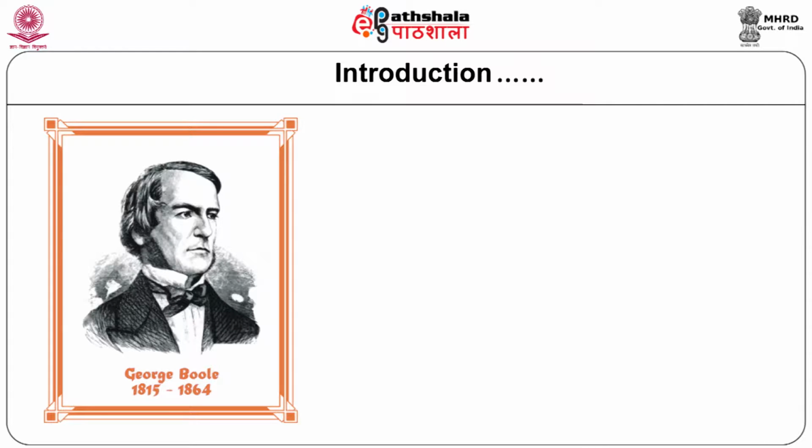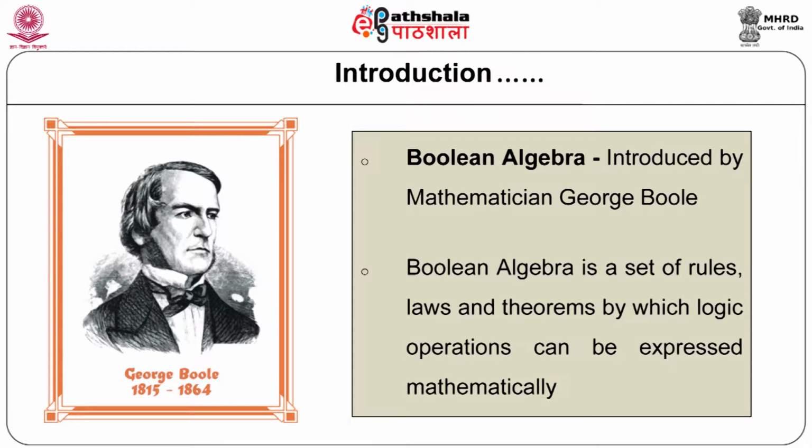The year 2015 is widely celebrated as the birth centenary of the great mathematician George Boole. Boolean algebra was introduced by George Boole in his book Mathematical Analysis of Logic and An Investigation of the Laws of Thought. Boolean algebra is the mathematical basis for all logic designs.